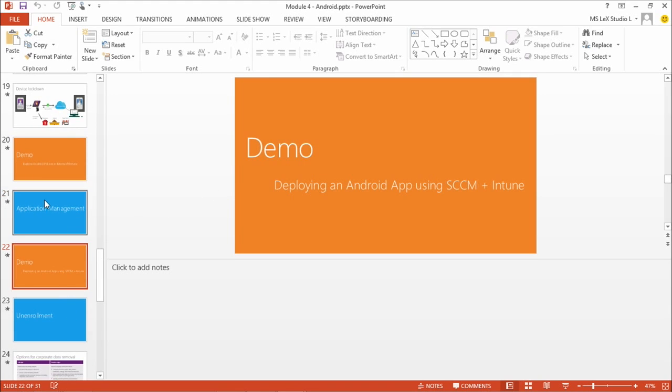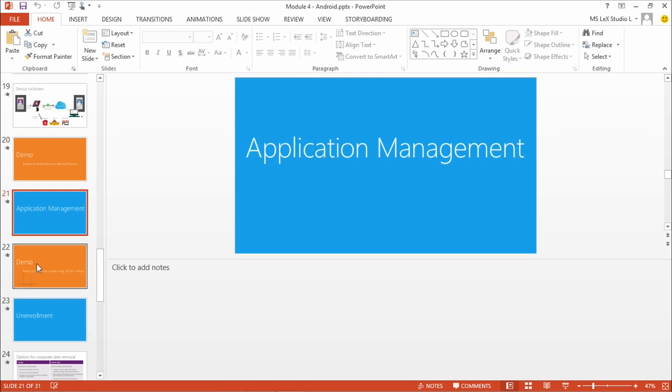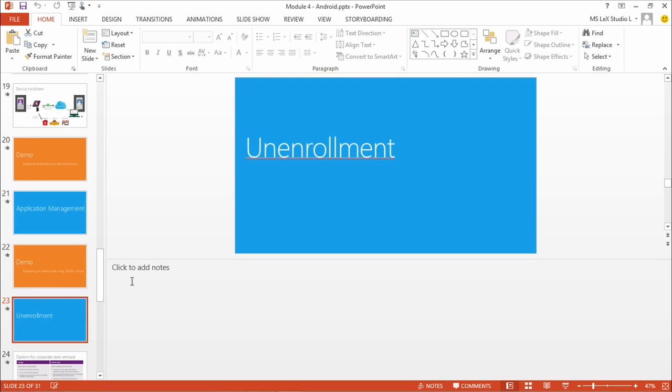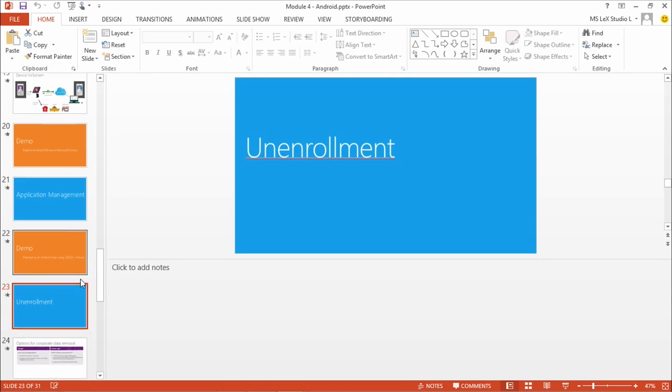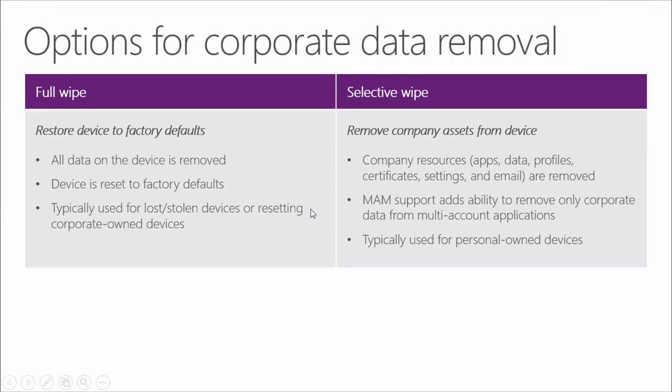So let's have a quick look and think about what we can do in regards to unenrollment. Unenrollment on all of the devices is actually exactly the same as it was on the iOS device. So we have the ability to take off any of the information which has been pushed down by the MAM solution or the MDM solution, and we also have the ability to do a complete device wipe if we need to.